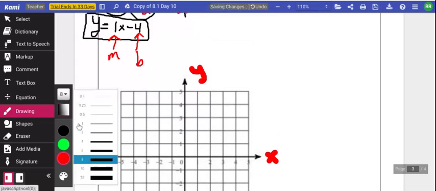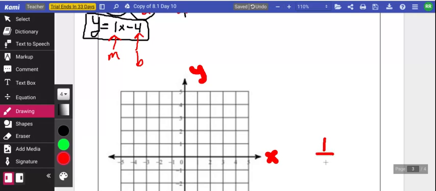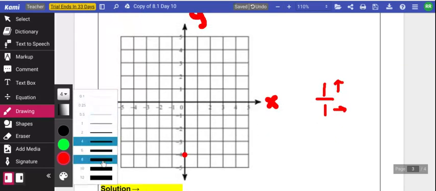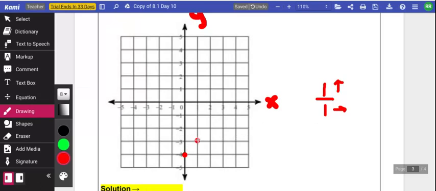Okay, and then I'll move with m. M was 1 or 1 over 1, which tells me to go up 1 and right 1. So from b, I'm going to go up 1, right 1, make a dot. Up 1, right 1, make a dot. And I could continue.